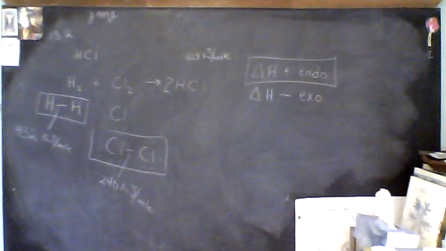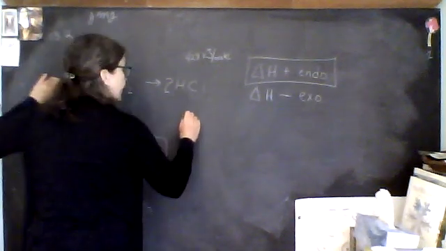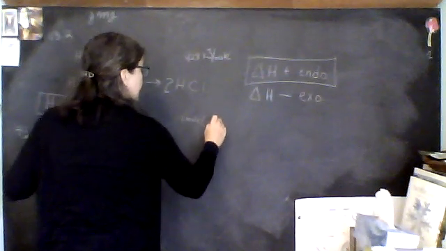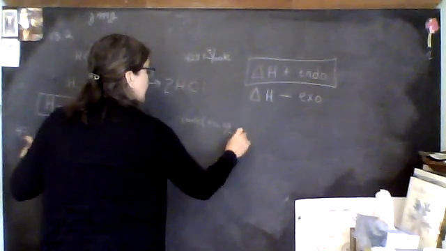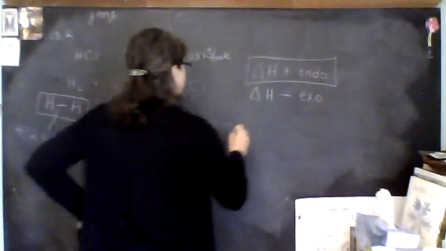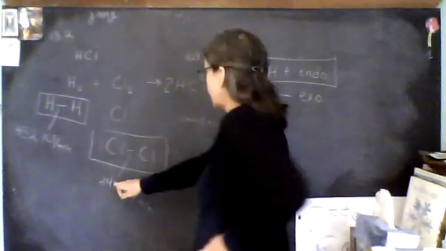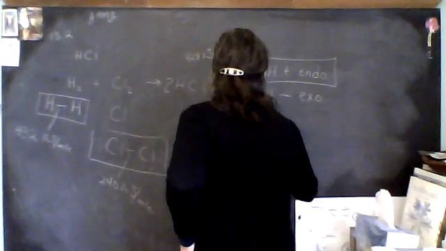So if we look at the example, we have 1 mole of H-H at 432 kilojoules per mole, plus 1 mole of Cl-Cl at 240 kilojoules per mole.